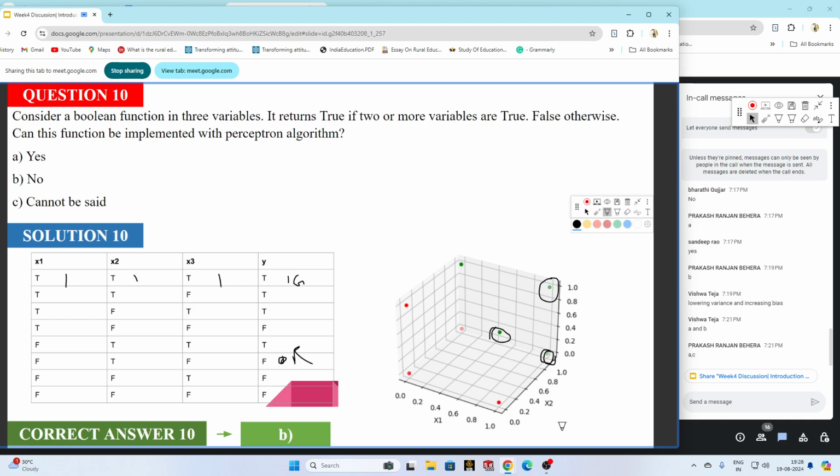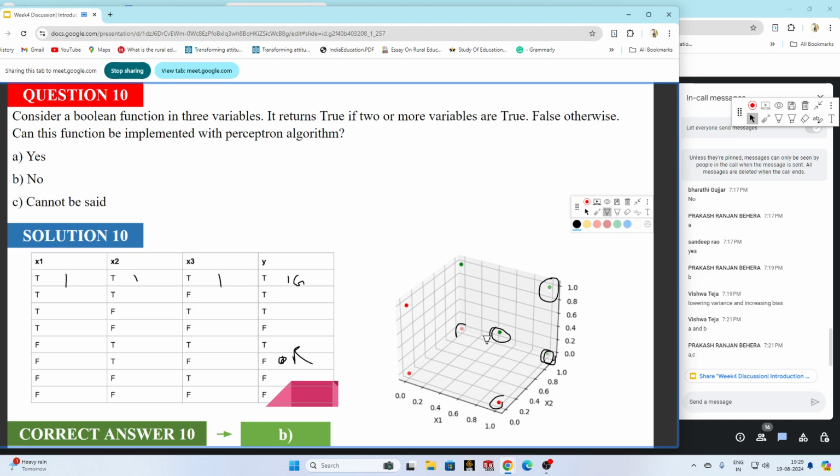Actually a plane can be drawn here, but this point and this point are intersecting. If you can separate it, then it is okay. But according to me it cannot be separated, because if you draw a plane like this, this point and this point are intersecting. If you can, then definitely it can be done, but according to me you cannot. So that is why option B is right.